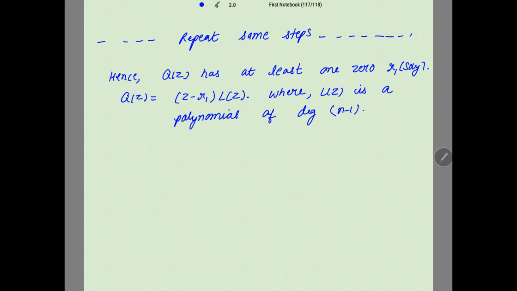Right? So now repeating the same arguments, we can show that this L(z) has at least one zero, say r2.